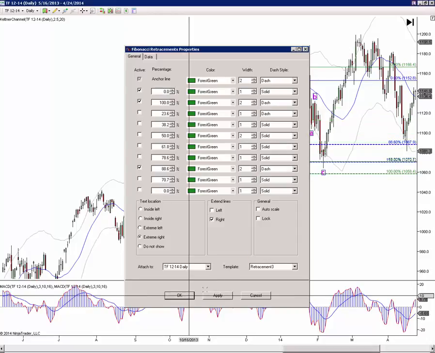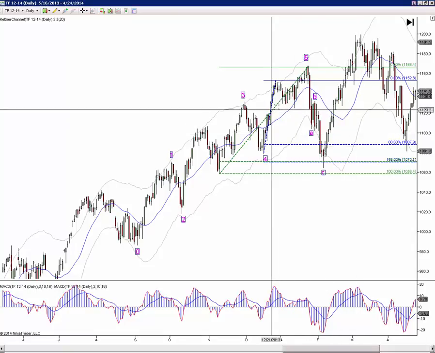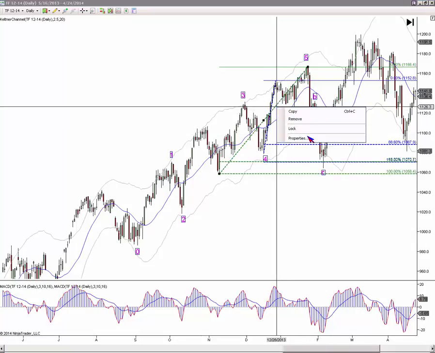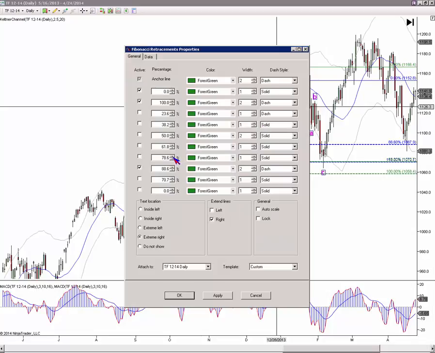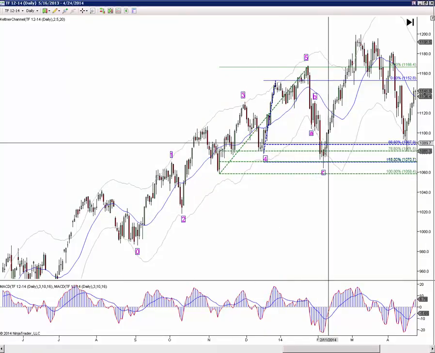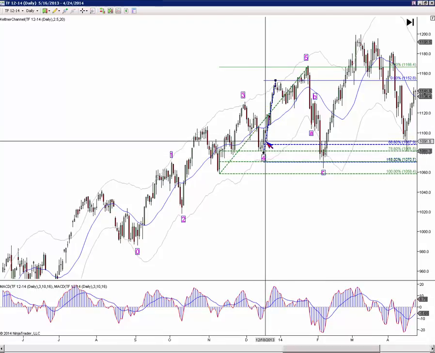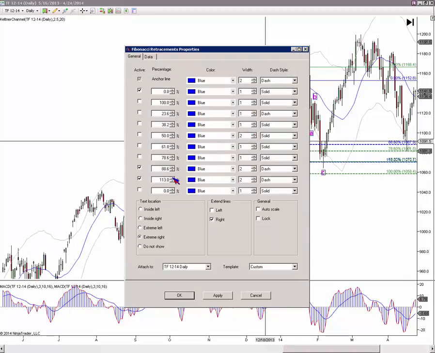I'm sorry about that. 786. All right, so we're tying all this in together. We're starting to develop ratios. This other one right here, I like to look at the 1272, 1272 also.